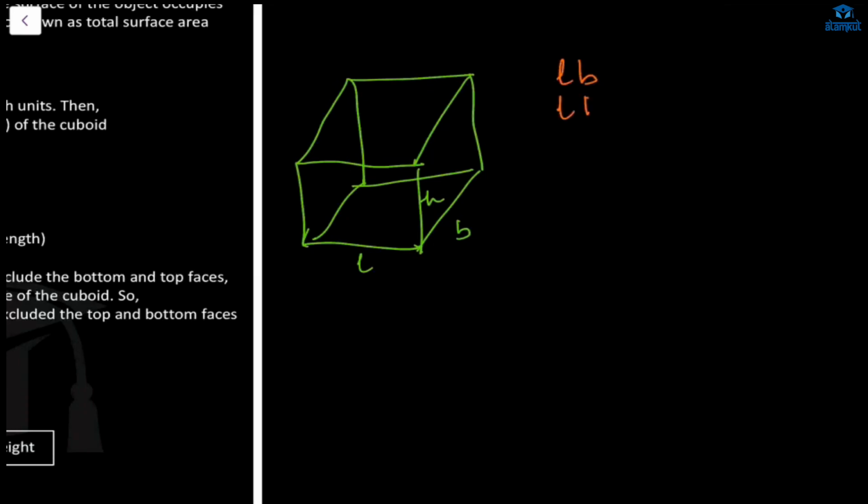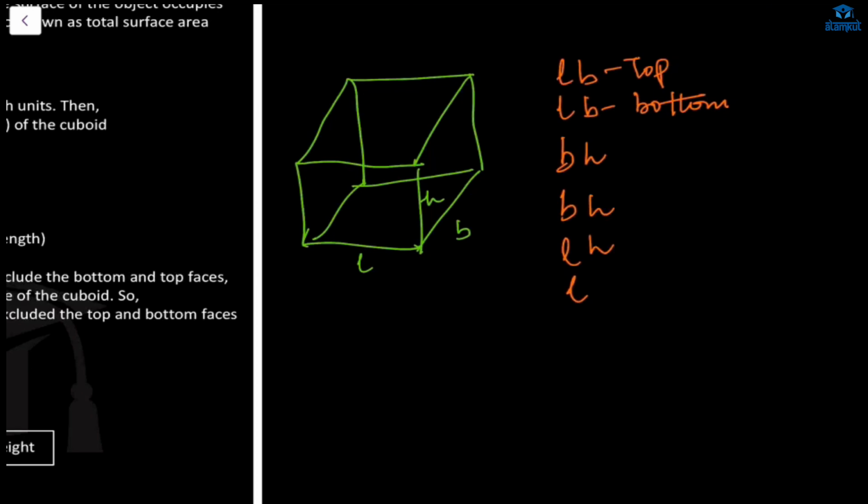Top and ceiling are the same thing, and bottom is the floor. Now the 4 walls. What will be the 2 opposite walls? One will be breadth into height, and the other will be length into height and length into height.